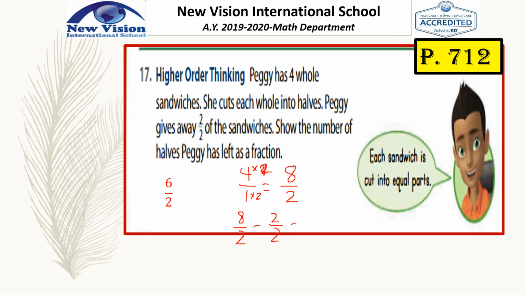Okay, just copy the same denominator too. 8 minus 2 is 6. Therefore, Peggy has 6 halves, 6 over 2, left as a fraction. Did you get it right? Good job. I know you got it. It's very easy.